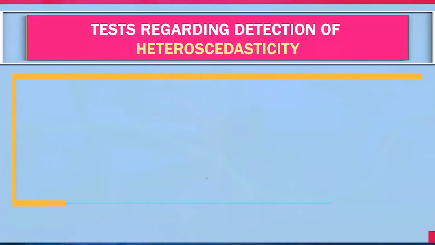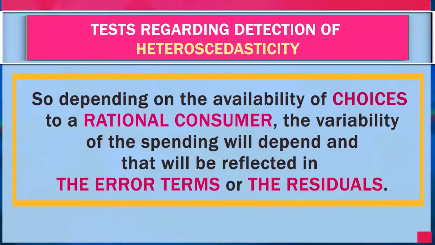So we can have two distinct clusters in the set of observations, and accordingly the variance will differ, because the variance will be high for the high income groups and less for the low income groups because they have limited choice. So depending upon the availability of choices to a rational consumer, the variability of the spending will depend, and that will be reflected in the error terms or in the residuals.